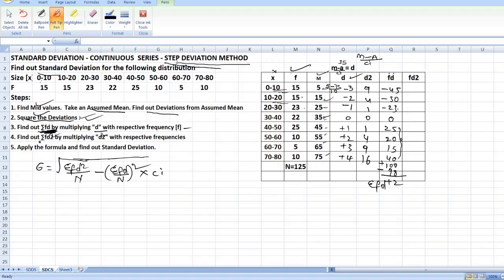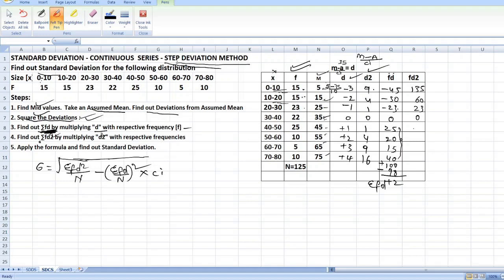fd square means the f value multiplied by d square. 15 into 9 is 135, 15 into 4 is 60, 23 into 1 is 23, 0.